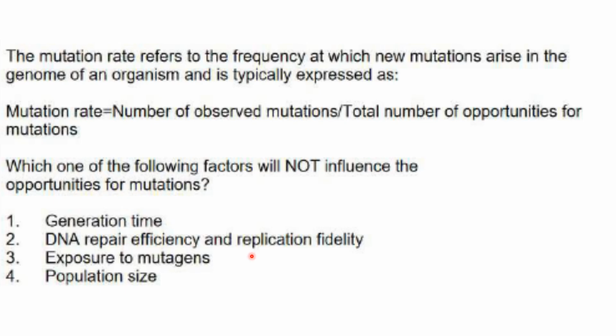DNA repair efficiency and replication fidelity: if DNA repair genes are inactivated, mutation rate increases. Exposure to mutagens again increases mutation. But population size will not influence the opportunities for mutation, because sometimes large populations can tolerate higher mutation rates. So the answer here is option 4, that is population size.